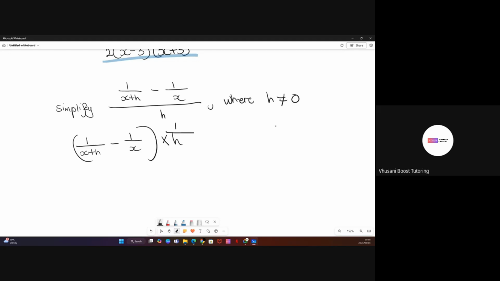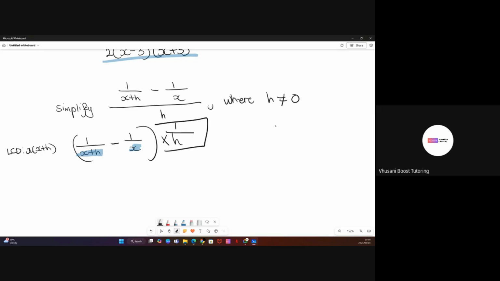And over here we are doing the subtraction of fractions as well. So over here, I will need to find the lowest common denominator for these two specifically inside the brackets. I'm sure you guys can agree with me that the lowest common denominator would be x multiplied by x plus h. Do you guys agree with me on that? Remember, it's in those specific brackets, and it's the only one with this negative.